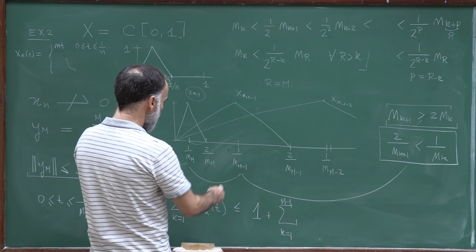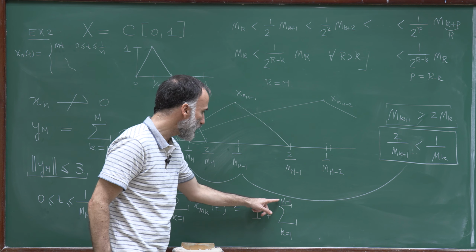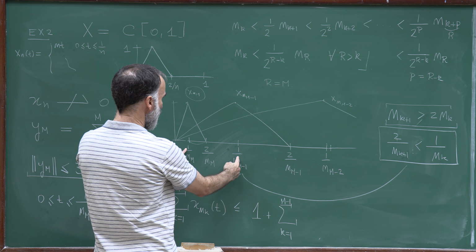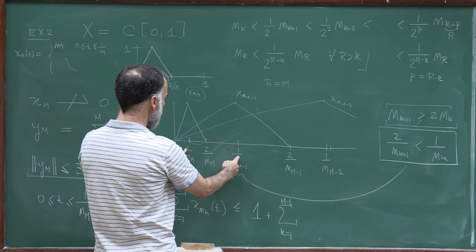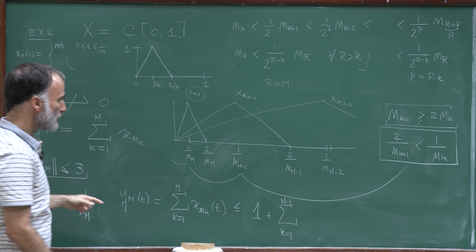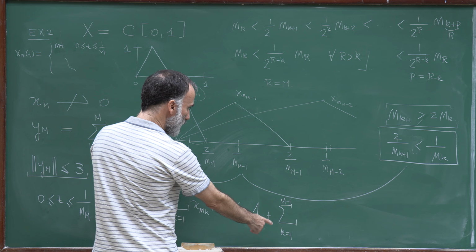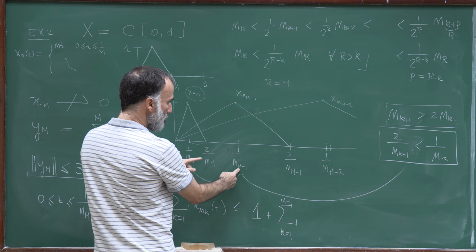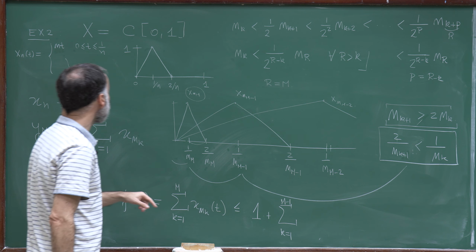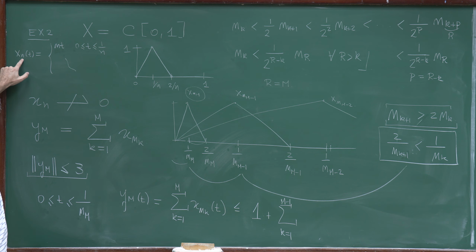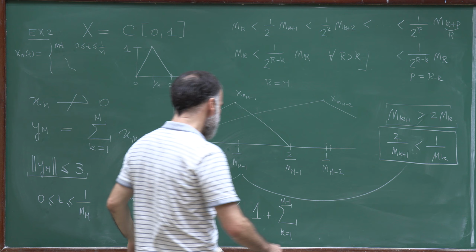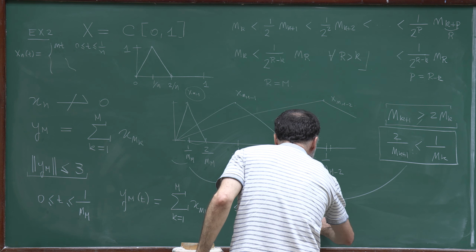But for k smaller than m minus 1, in this interval, all functions are defined by this first expression. So in this interval, if I take a k which is m minus 1 or smaller, the definition of x_n is given by this expression. So what I get here is a sum of n_k times t.